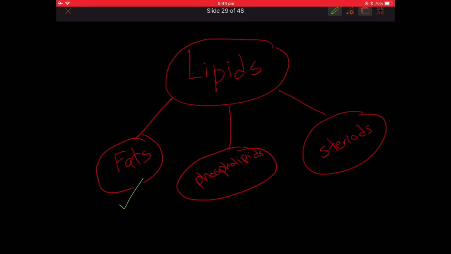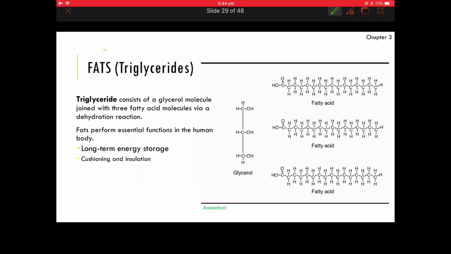So I'm going to talk about each one of them, starting with fats. Fats are triglycerides, meaning that they have a glycerol and 3 fatty acids attached to it. So it's a glycerol and a fatty acid, and fatty acid.